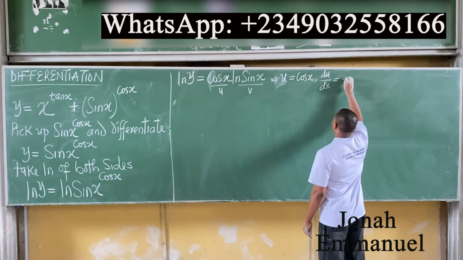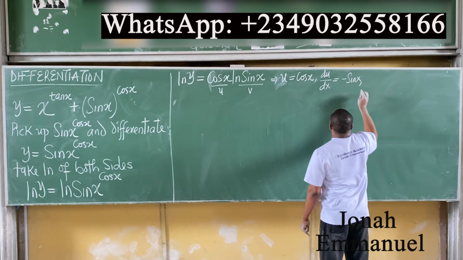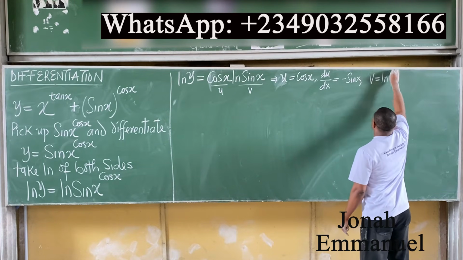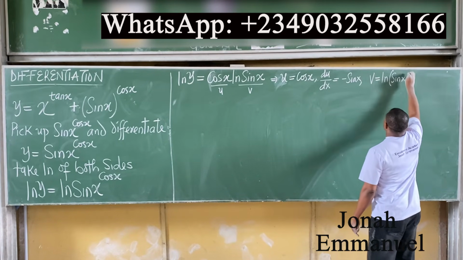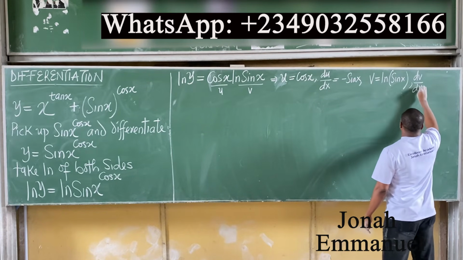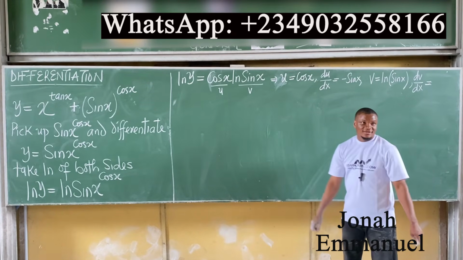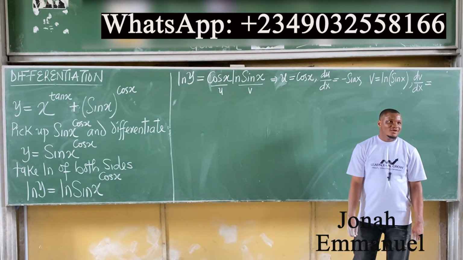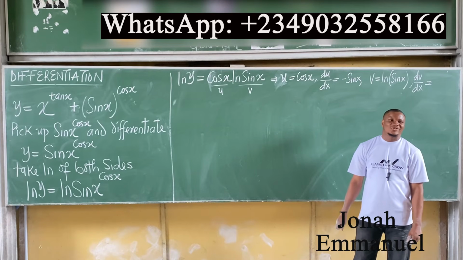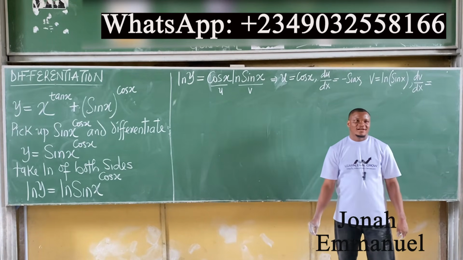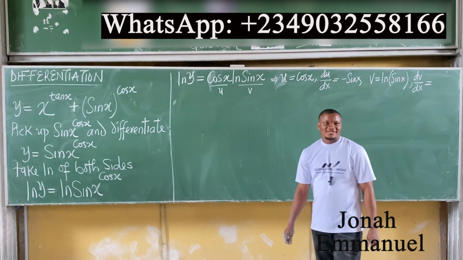Minus sine x, negative sine x. v is equal to ln of sine x. Differentiate this. What do you get?